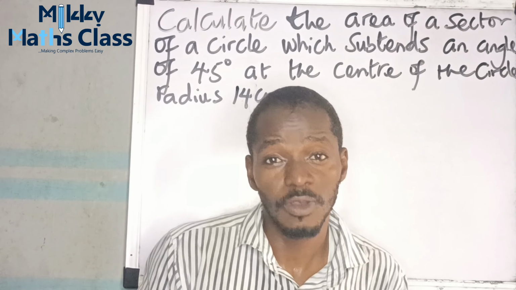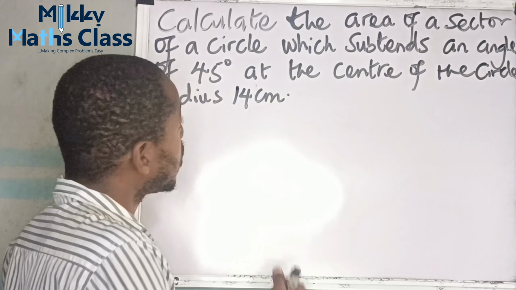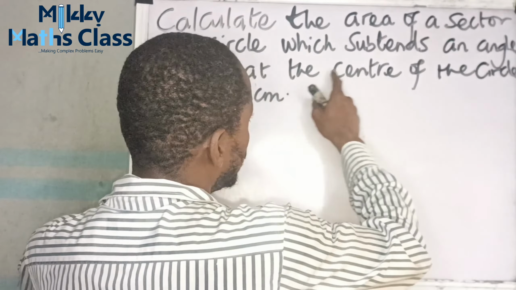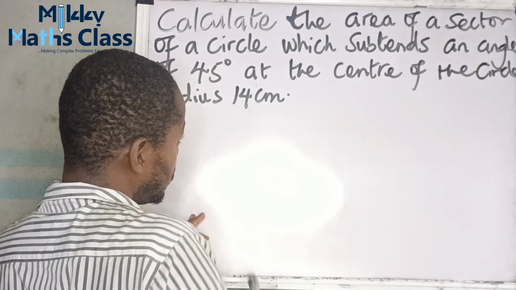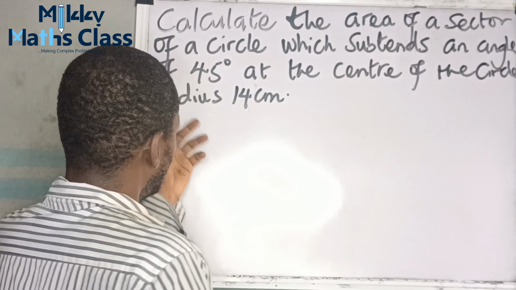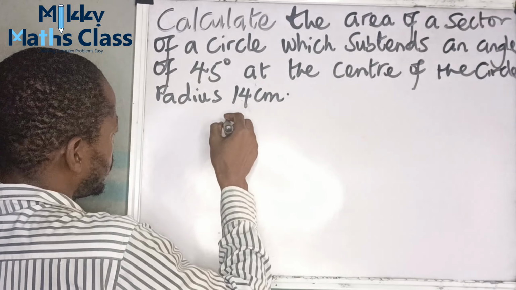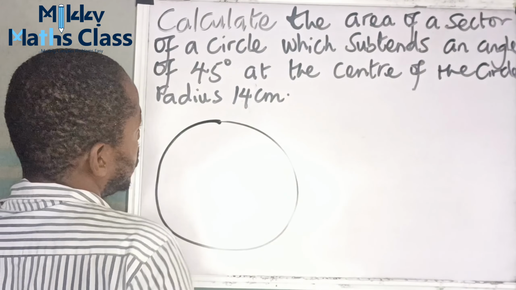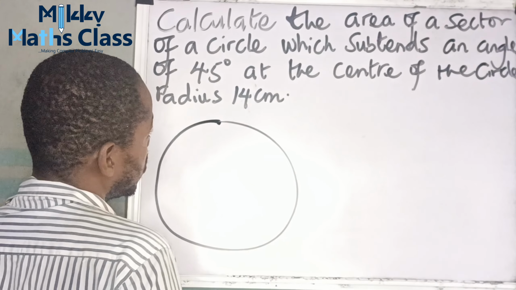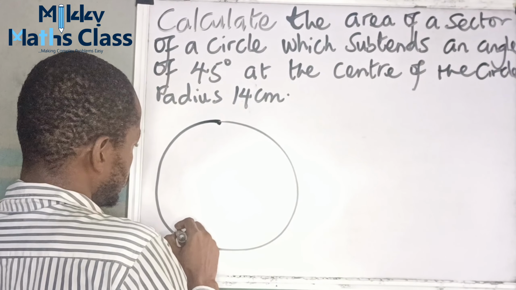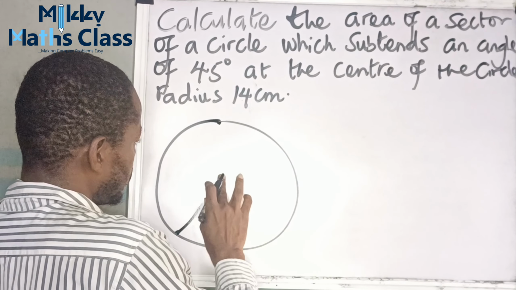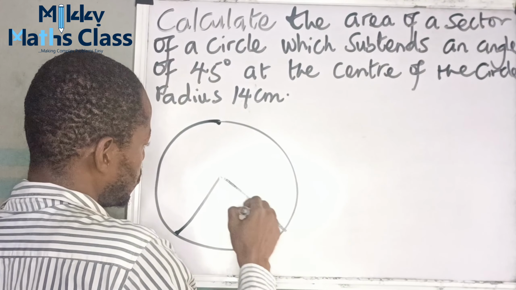Very easy. All right, let's look at this next question. It says calculate the area of a sector of a circle which subtends an angle of 45 degrees at the center of the circle, given the radius 14 centimeters. So let's make a sketch of the diagram. Here we have that this is the circle. This is the angle subtended at the center, 45 degrees.